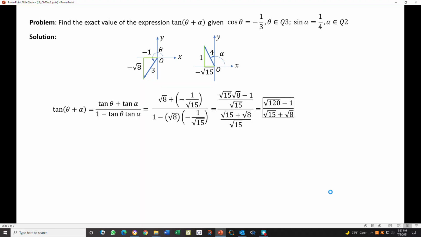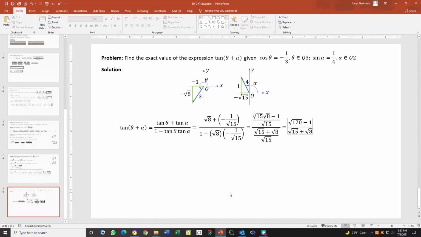It was this 1 plus the quantity square root of 8 over square root of 15. And so, yeah. All right. I think that's about it. Alrighty. Let's make sure that you work a lot of problems based on this.